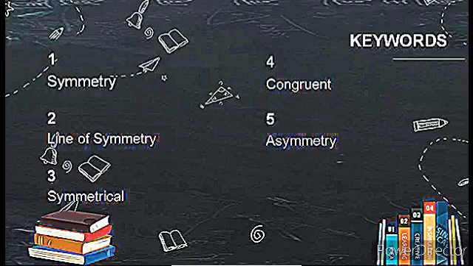Some of the key vocabulary words we have here, 5 of them: symmetry, line of symmetry, symmetrical, congruent, and asymmetry. So we are learning about them today, okay?